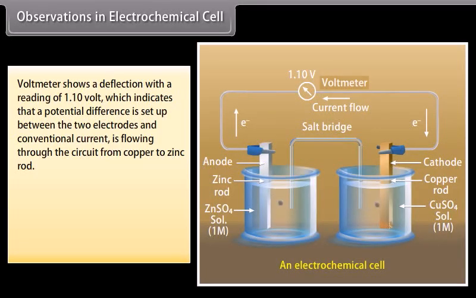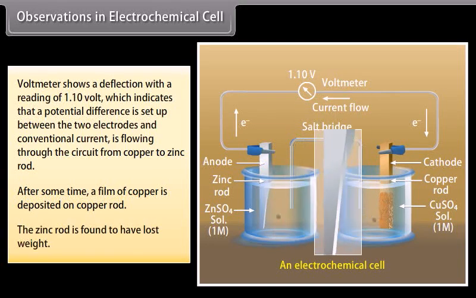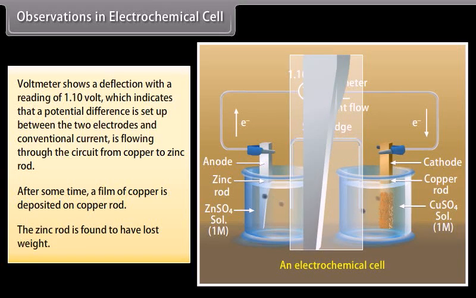The voltmeter shows a deflection with a reading of 1.10 volt, which indicates that a potential difference is set up between the two electrodes and conventional current is flowing through the circuit from copper to zinc rod. After some time, a film of copper is deposited on the copper rod. The zinc rod is found to have lost weight.